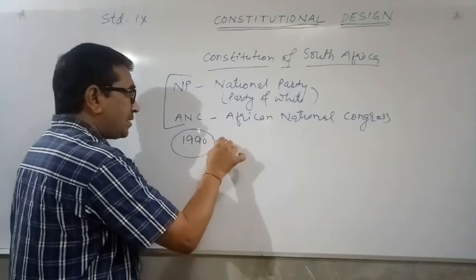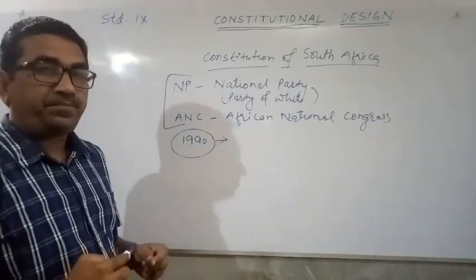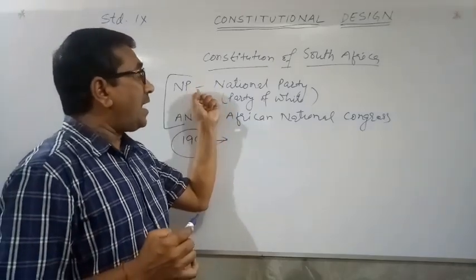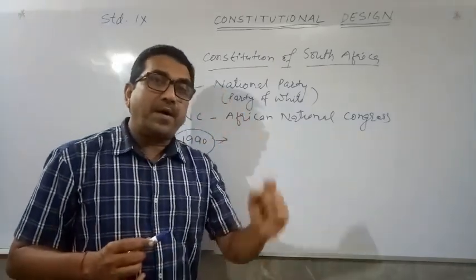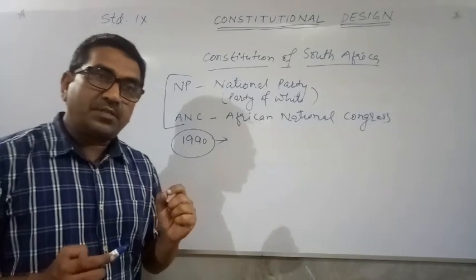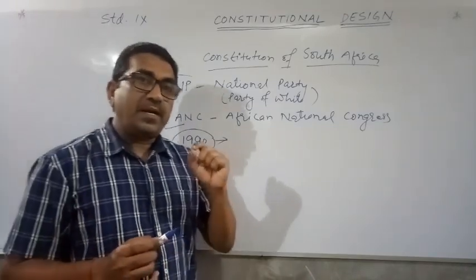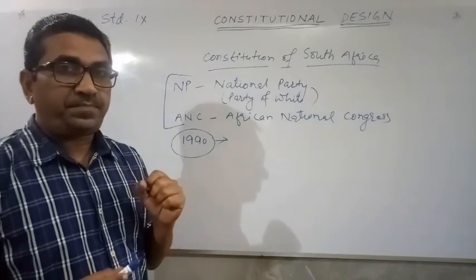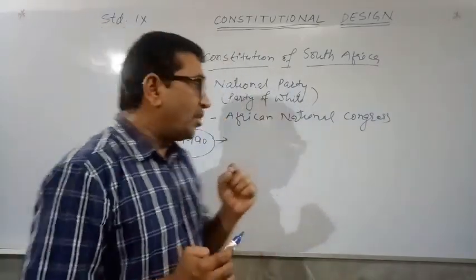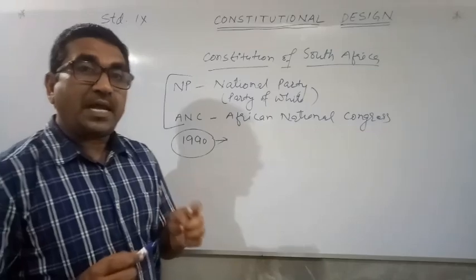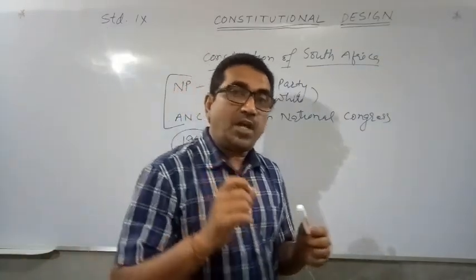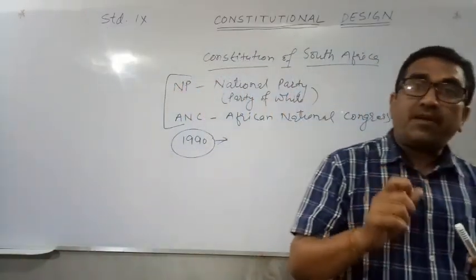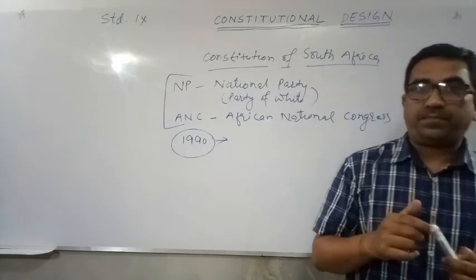In 1990, some steps were taken by the NP, the National Party. What were the steps? First, they released the political prisoners. At the same time, they also lifted the ban on the political parties.